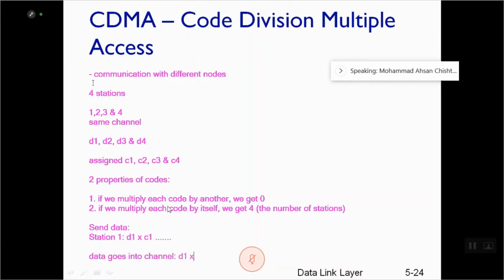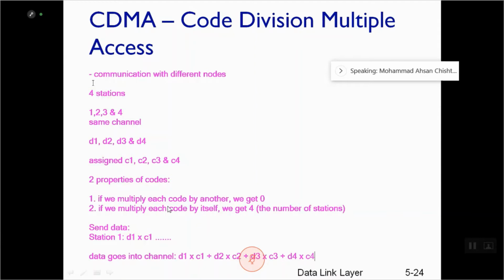It would be D1 into C1 plus D2 into C2 plus D3 into C3 plus D4 into C4.